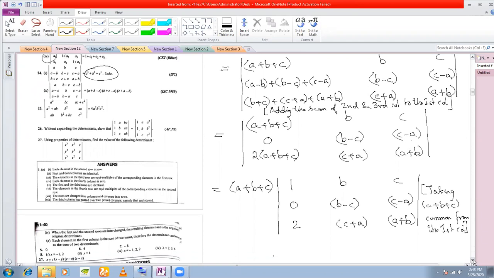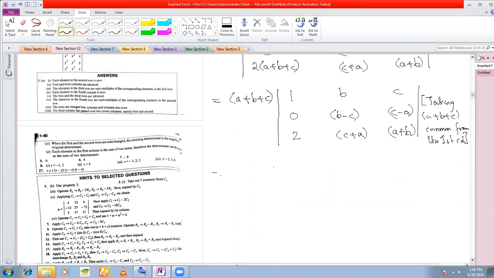Now how to bring another 0? I've already got a 0 here. If I multiply this by 2 and subtract it from this, will I get a 0? That means I have to multiply this entire row by 2. So I multiply it in my mind, into 2 into 2.